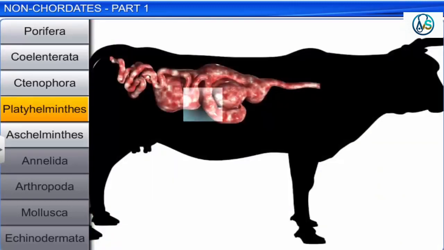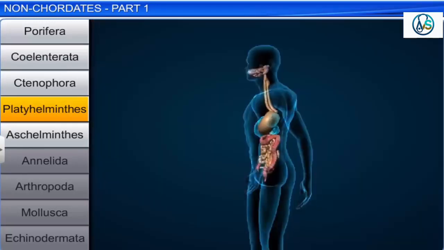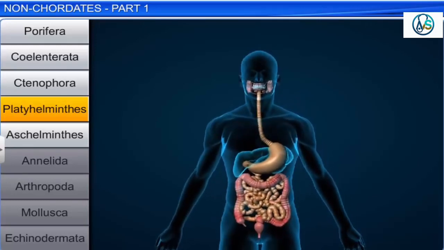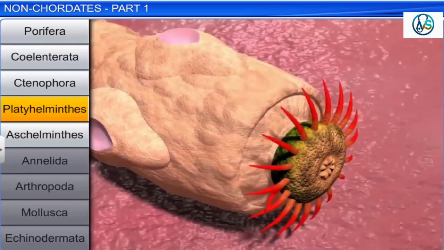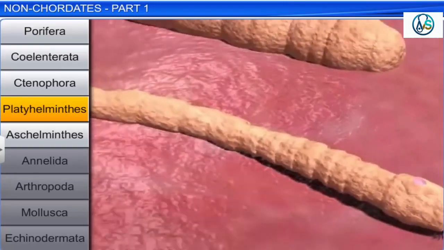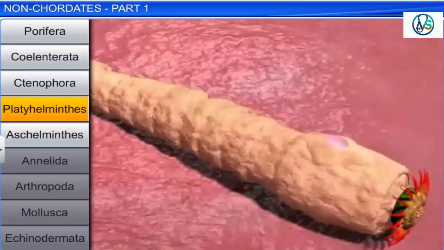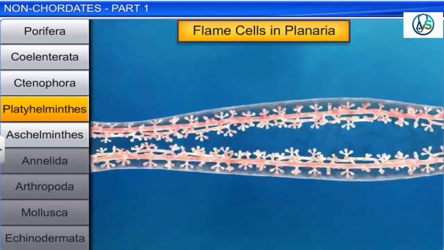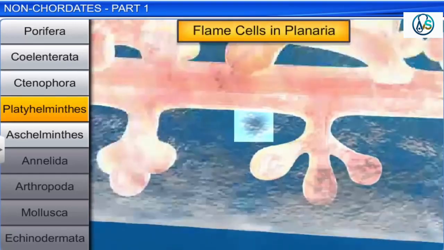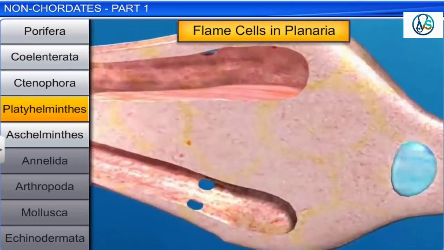Flatworms are mostly endoparasites found in the digestive system of animals, including humans. The parasitic members possess hooks and suckers, and some of them use the surface of their body to absorb nutrients directly from the host. Flatworms have specialized cells called flame cells, which help in osmoregulation and excretion.